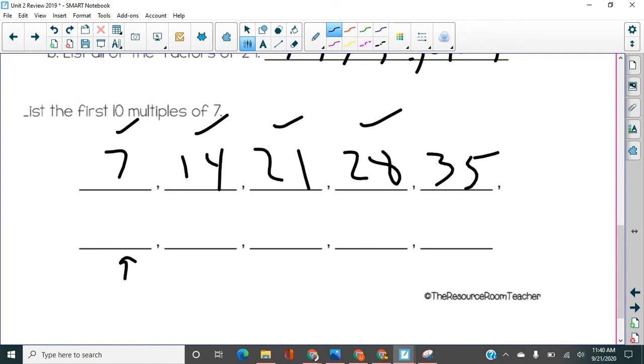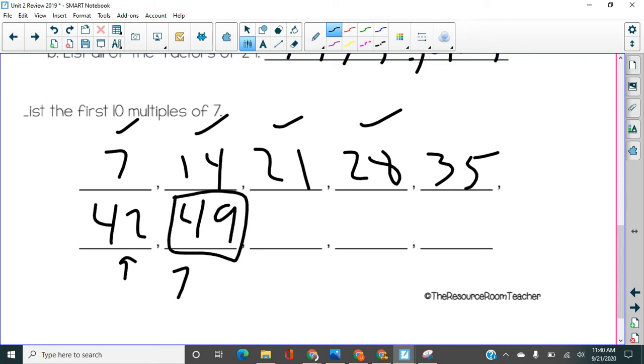What goes here? Did you say 42? 42 goes here. 49, this is our square number. I'm going to put a square around it. 7 times 7 equals 49. 56 is 7 times 8. 7 times 9 would be next. What's 7 times 9?